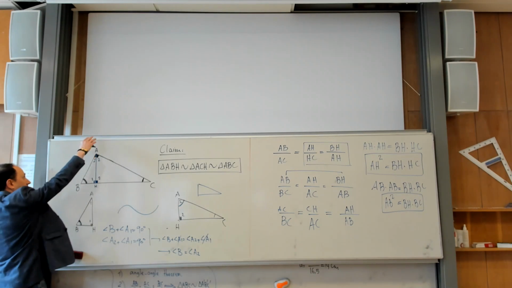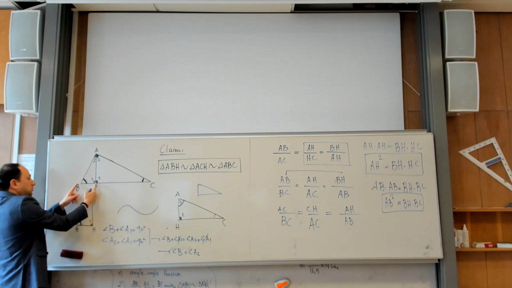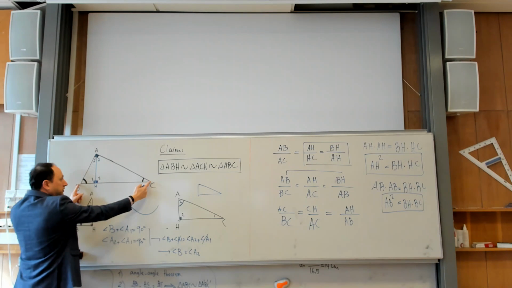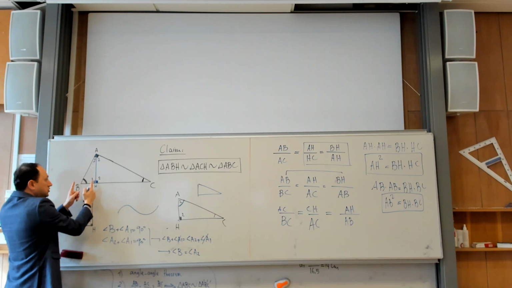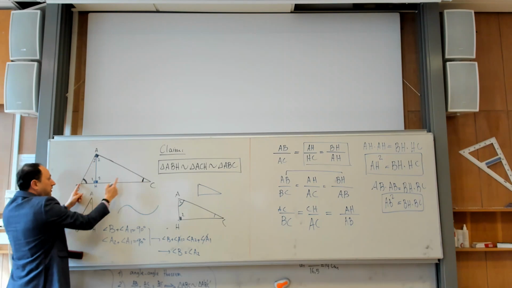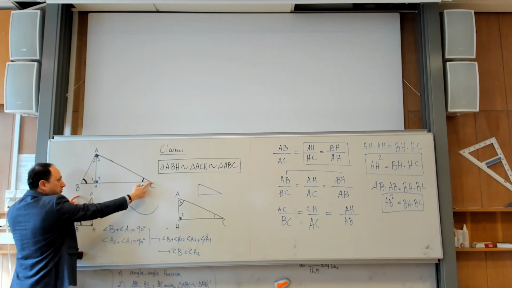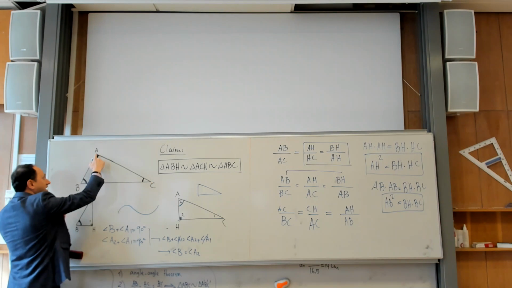So if you shed light from above, this would be the length of the shadow, which is called the projection. The projection of AB on the hypotenuse is BH. So if you take the shadow of this side on the hypotenuse and multiply it by the total hypotenuse, you will get this length squared.